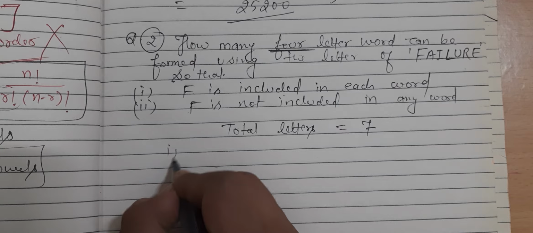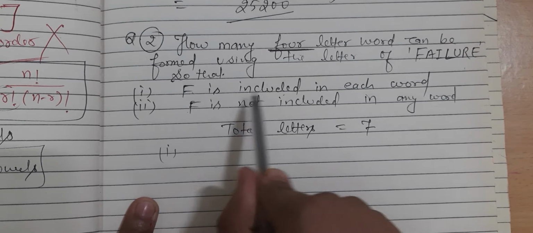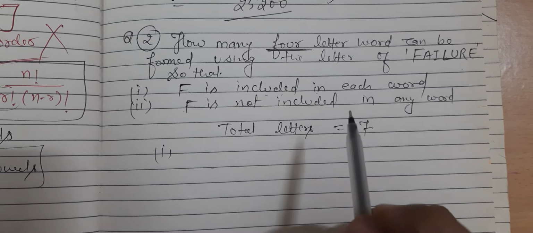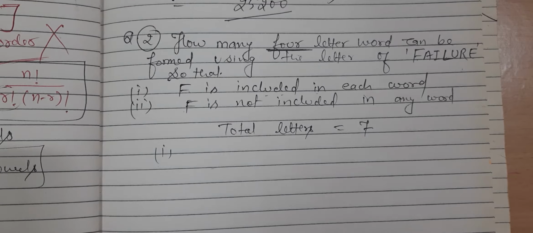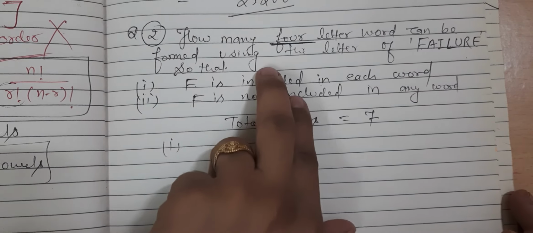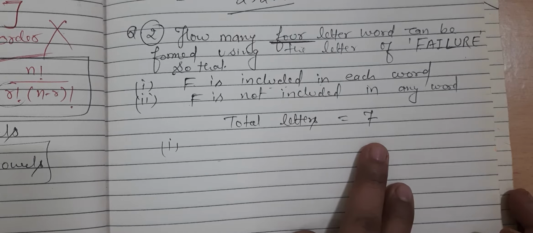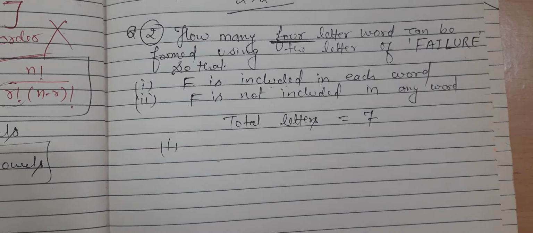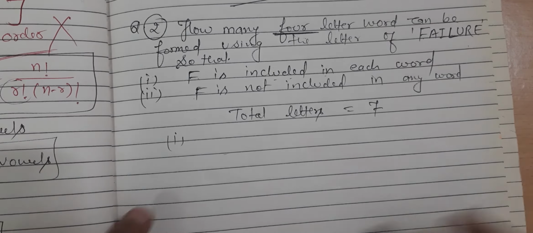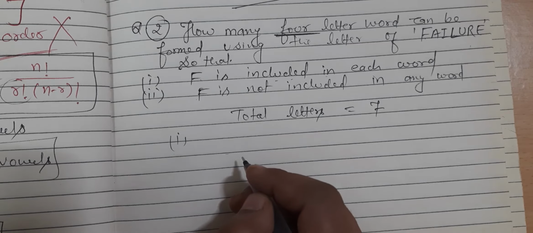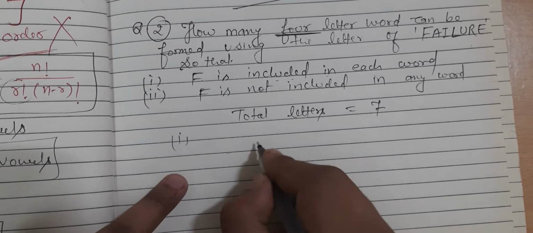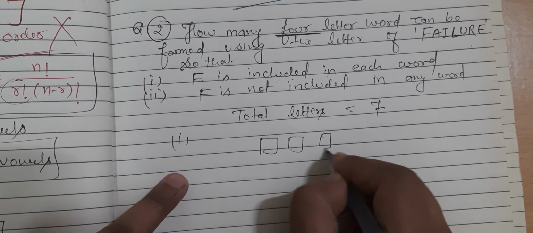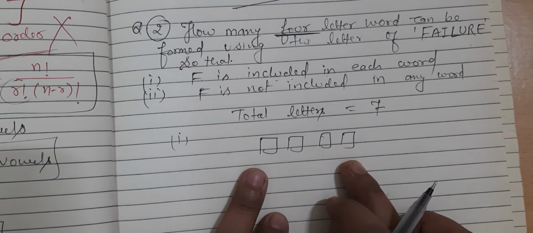But the condition given in the first part is F is included in each word. This F should be there in each word. So what we will do? We have to select 4 letters out of this 7, but the condition is F is there in all the words.